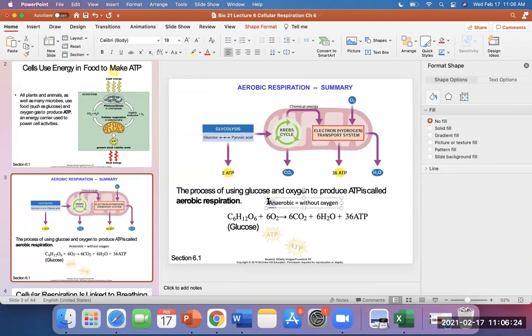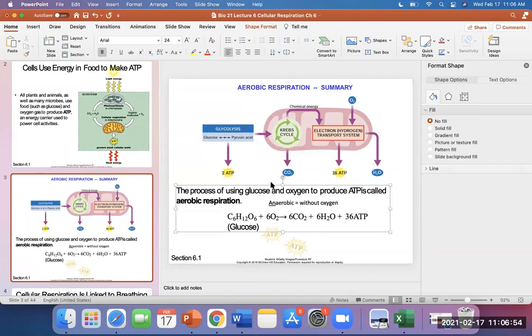So anytime you take these 2 letters and put them in front of something, it means without. So anaerobic means without oxygen. Aerobic means with oxygen. So again, I will ask you on the exam, what are the 3 steps of aerobic respiration? We will also go over anaerobic at the end, but the 3 steps of aerobic respiration are glycolysis, Krebs cycle, and electron transport chain.